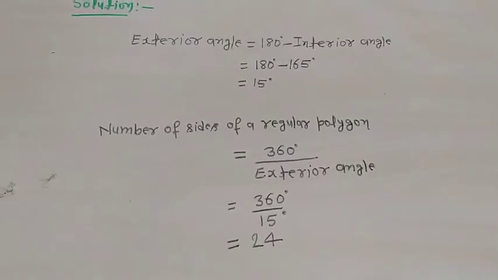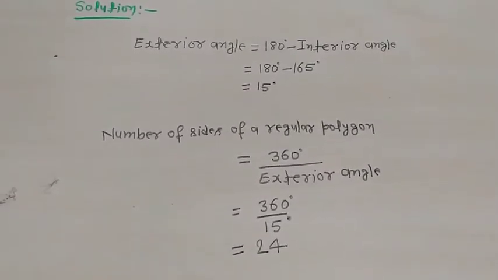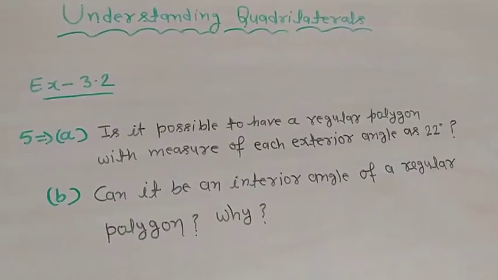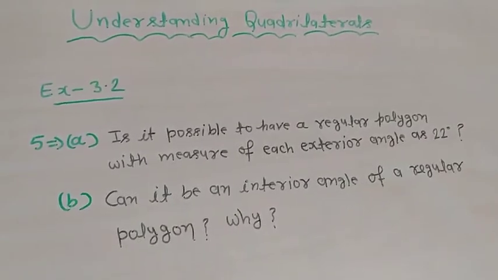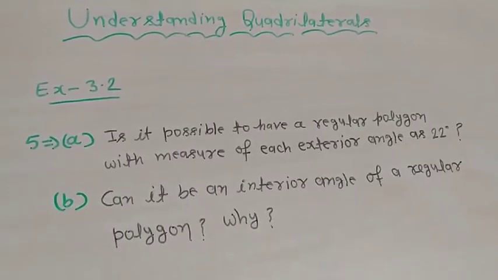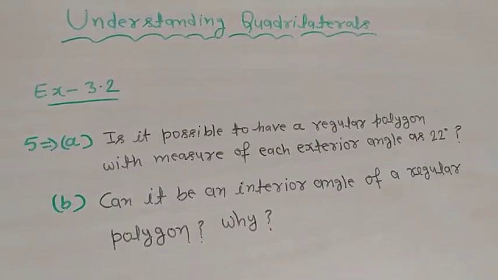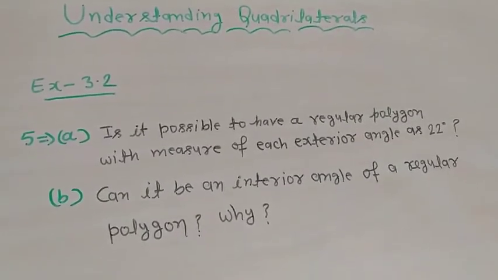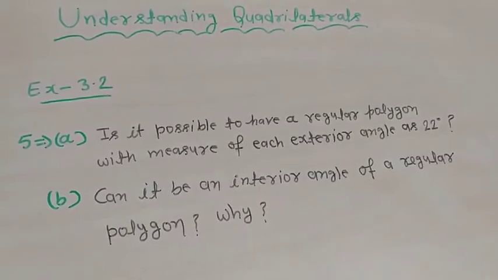Now we are going to discuss question number 5 of this exercise 3.2. Part A: is it possible to have a regular polygon with measure of each exterior angle 22 degree?